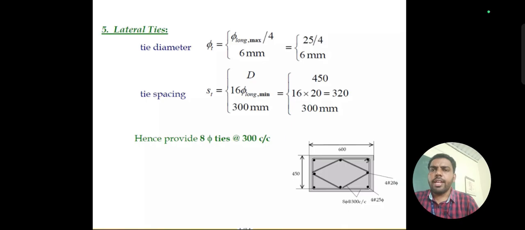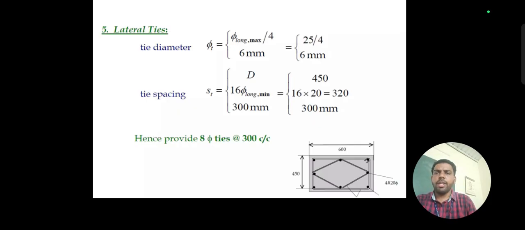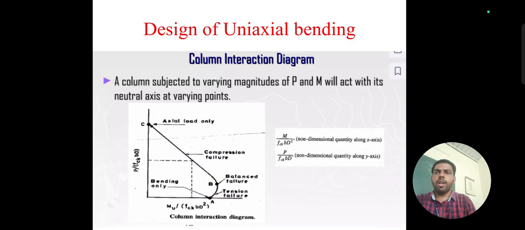And the spacing has three criteria: the least lateral dimension, 16 times the diameter of the bar, and 300 mm. The least value is 300 mm, so we provide that. This is the reinforcement: 8 mm bars at 300 mm center to center ties, used in that particular design for bearing the load.